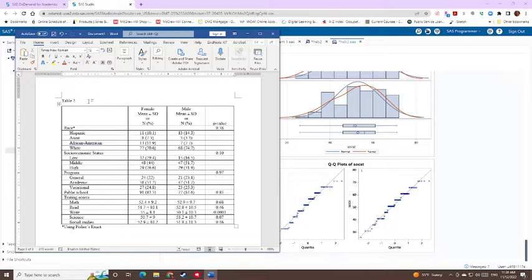So this, I'm just going to be very simple. Comparison of, let's see, participant characteristics and test scores by gender, because that's kind of what we did.